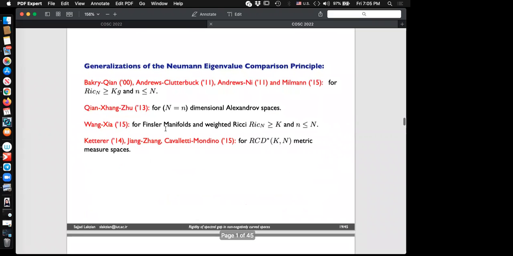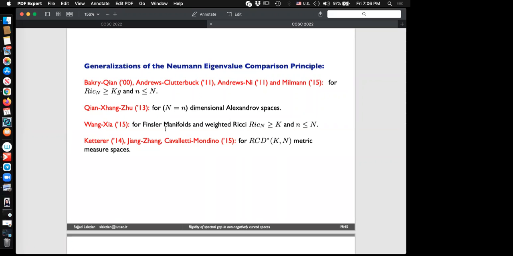So now this kind of comparison principle for the eigenvalues has been generalized to less regular spaces. So to Alexandrov spaces, to Finsler manifolds, which some people might not consider less regular, but it kind of is, because your norm is not quite convex at the zero section of your tangent bundle.